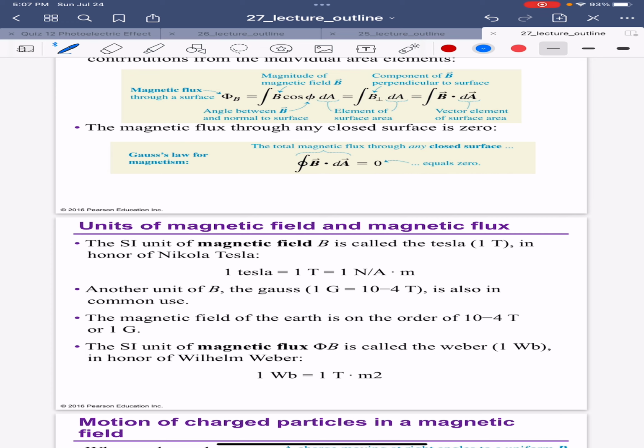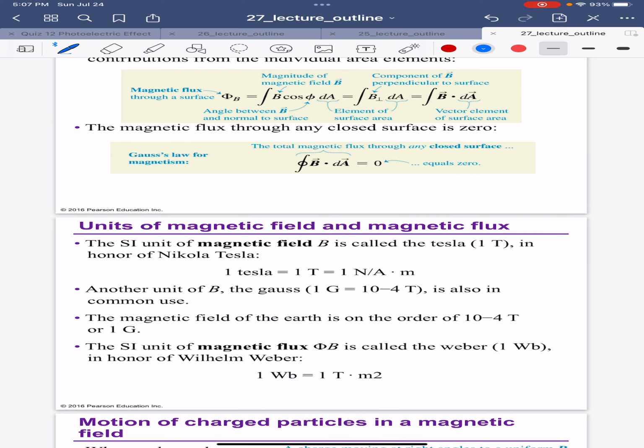The SI unit of magnetic field is the Tesla, where 1 T is 1 Newton divided by ampere times meter. Another unit, the old unit, is the Gauss, and 1 Gauss equals 10 to the negative 4 Teslas.